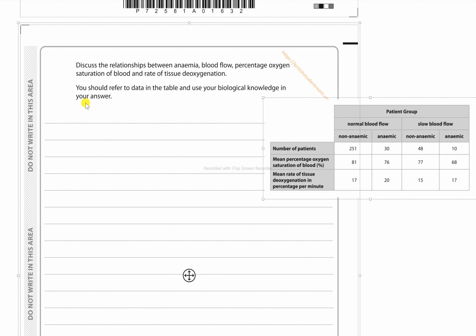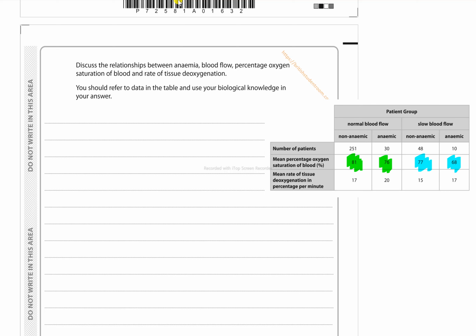So patients who've got normal blood flow, non-anemic, anemic, you've got 81% versus... this is what they're trying to say to you. We need to answer this in a way that we can pick up the maximum number of marks. Normal blood flow is higher overall, if you add the two, than slow blood flow. So we can write that down.